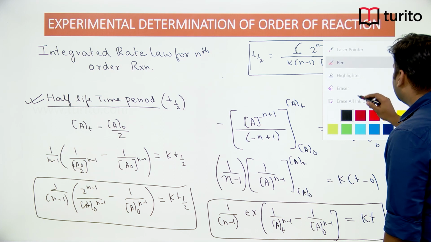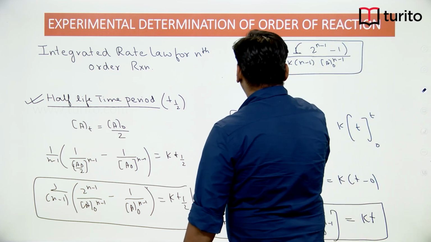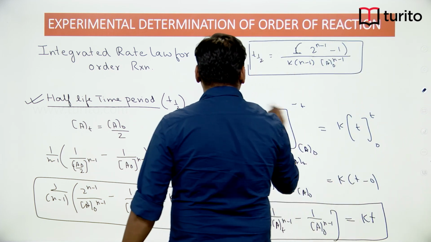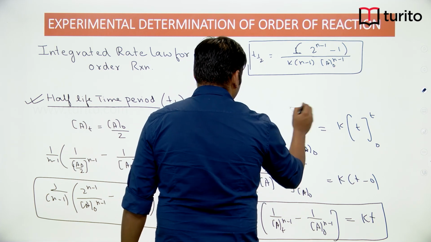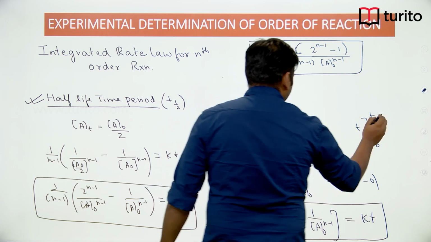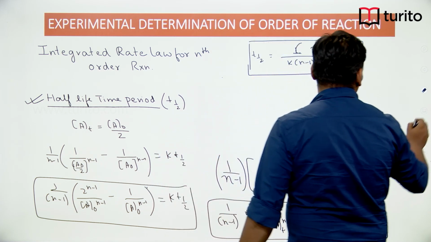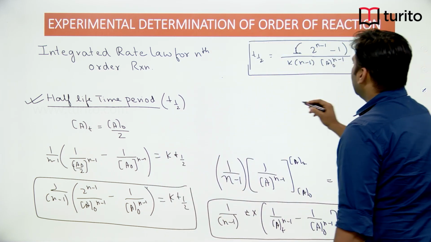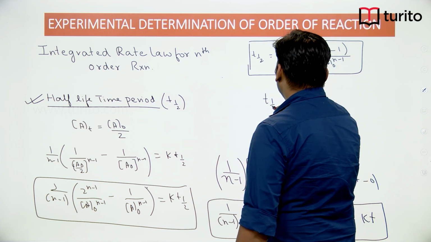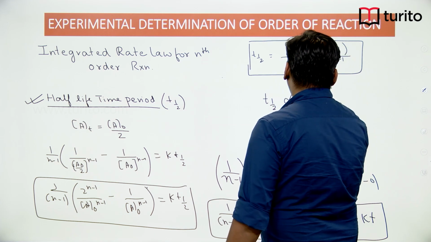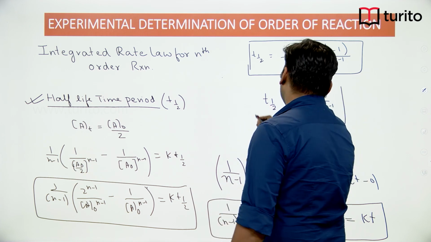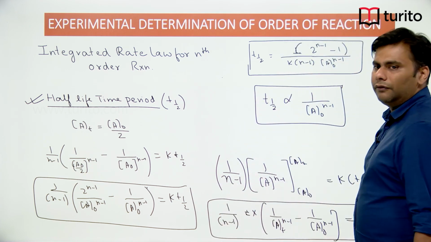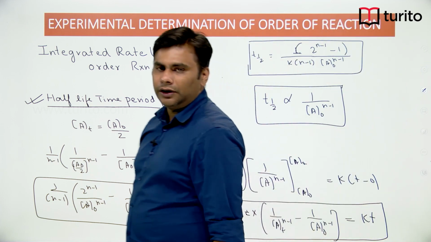So very clearly I can say that, I hope you have written this expression, or you can integrate it very easily using the integration formula. So we can write t half as inversely proportional to 1 by A naught raised to power n minus 1. This is a very important conclusion which you should remember, which will make you solve most of the questions very easily.